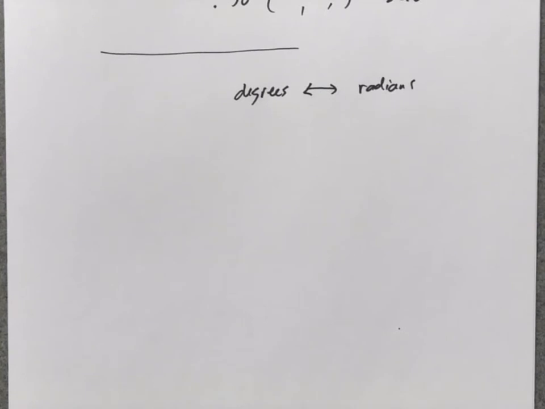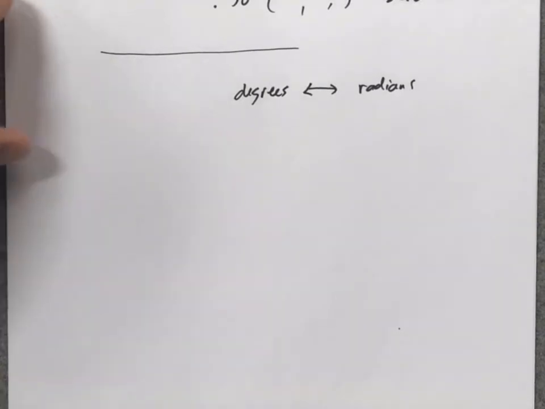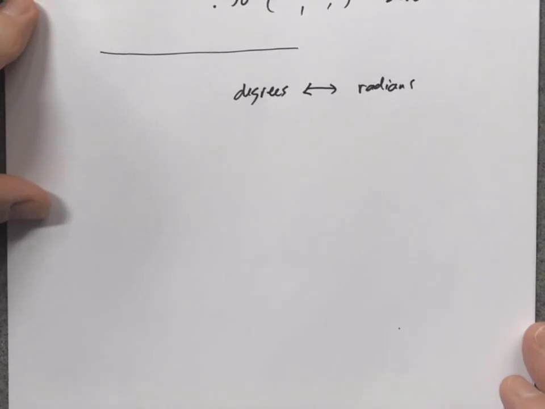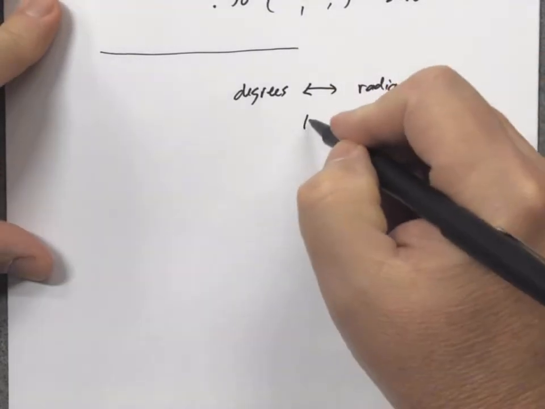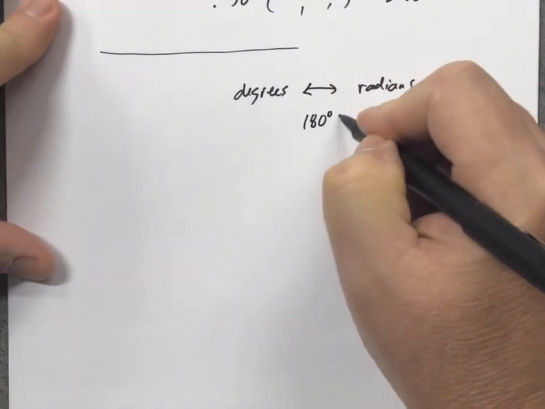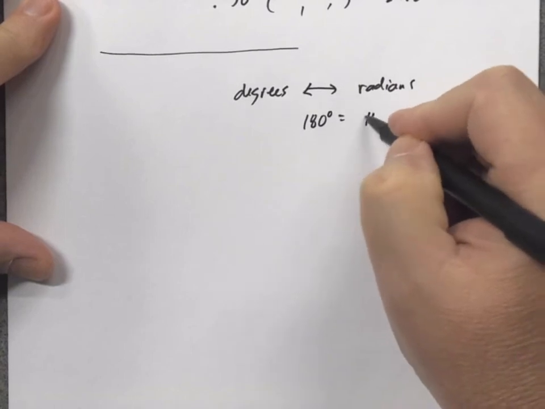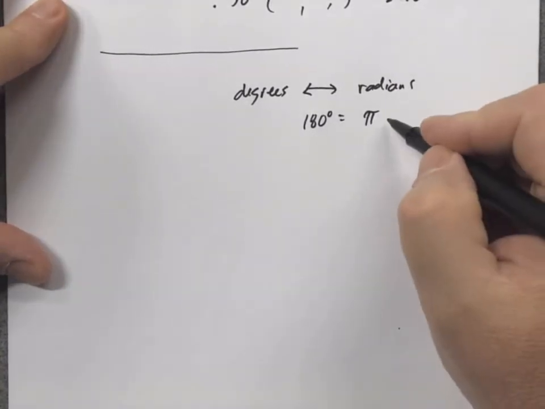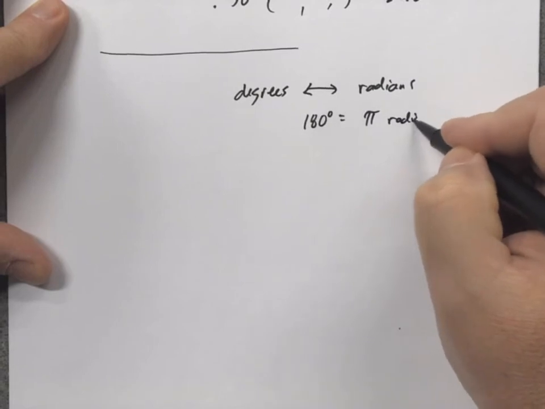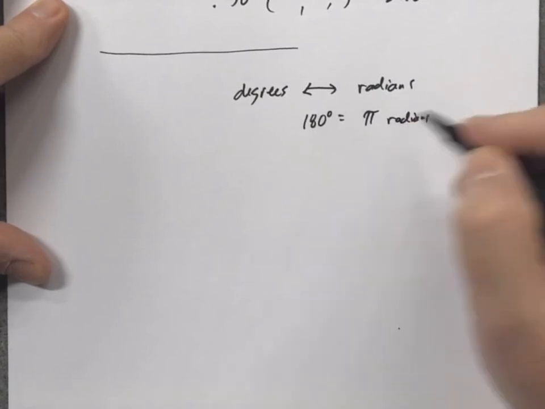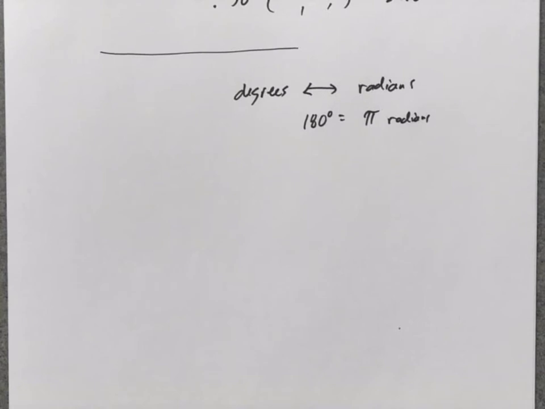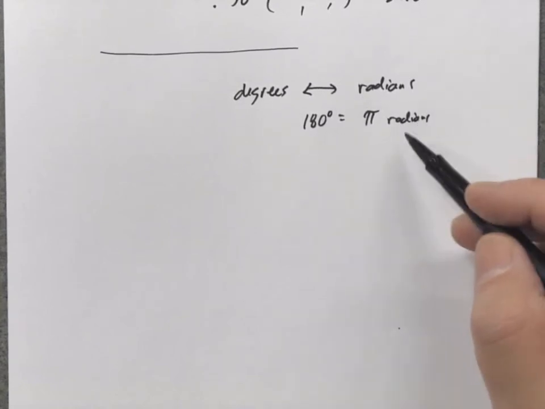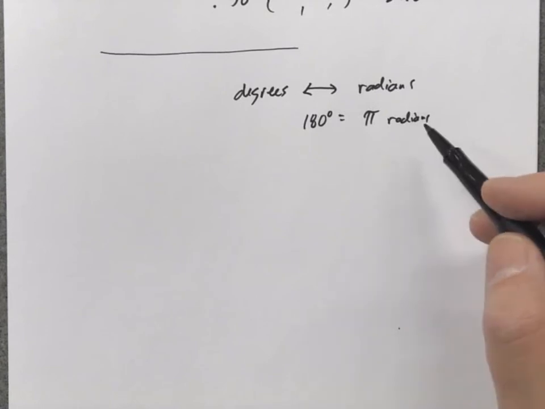Now the whole key to this relationship is to realize, and I don't have time to explain it now, but I explained it in class, is that 180 degrees is the same thing as pi. Now let me write radians here, but just so you know, if an angle is expressed in radians, radians is not really a unit that we write.